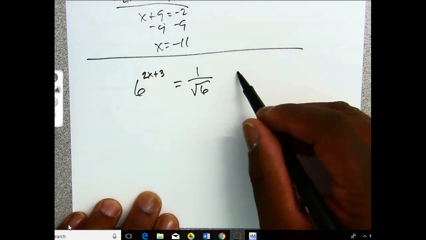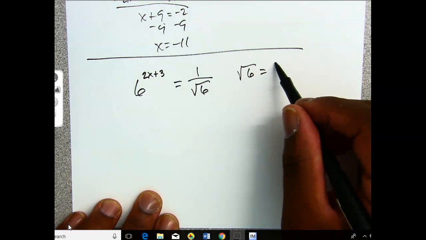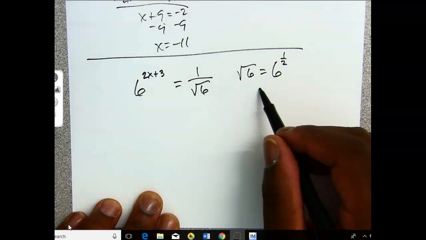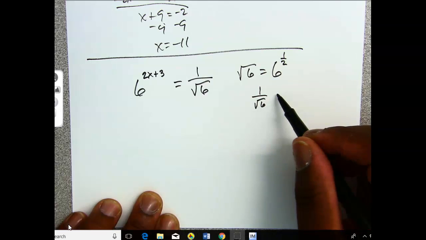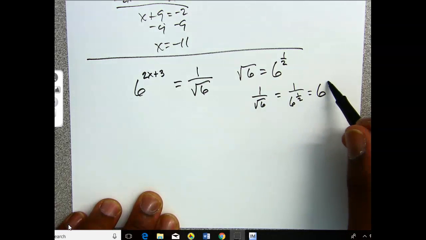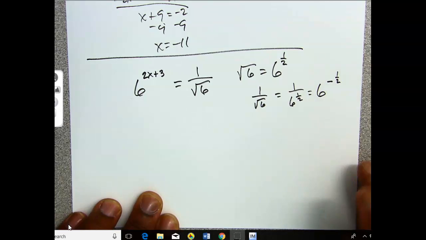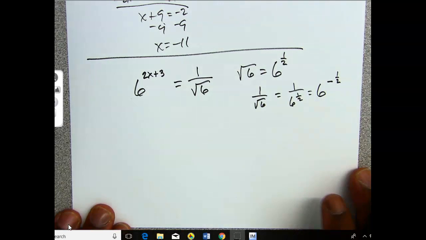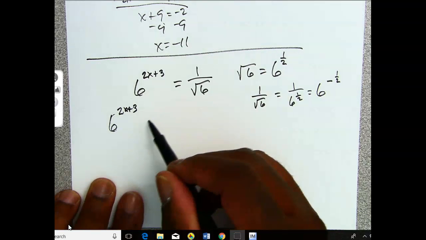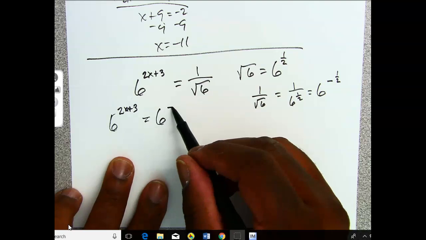But remember that the square root of 6 is the same thing as 6 to the 1/2 power. So 1 over the square root of 6 would be 1 over 6 to the 1/2, which is 6 to the negative 1/2 power.